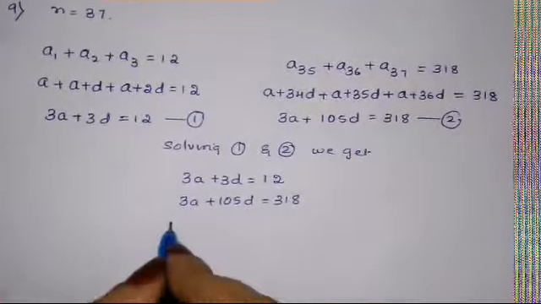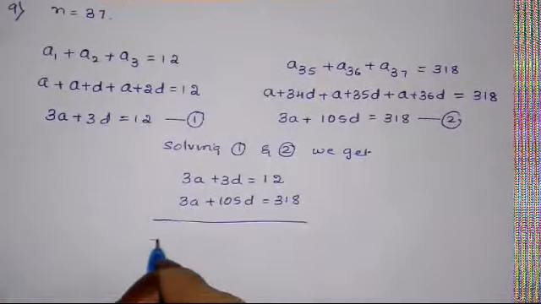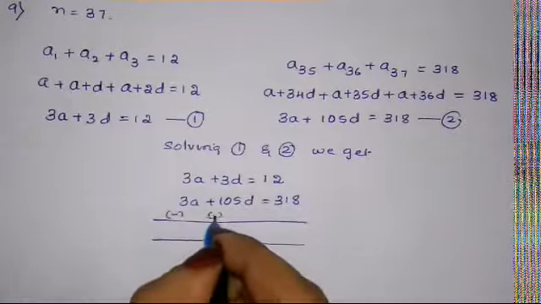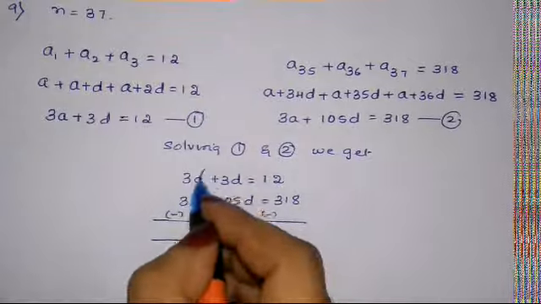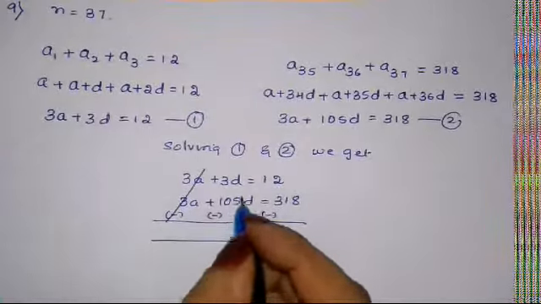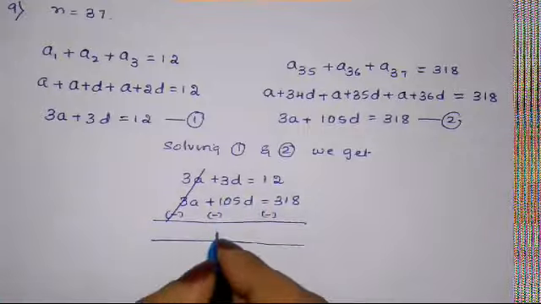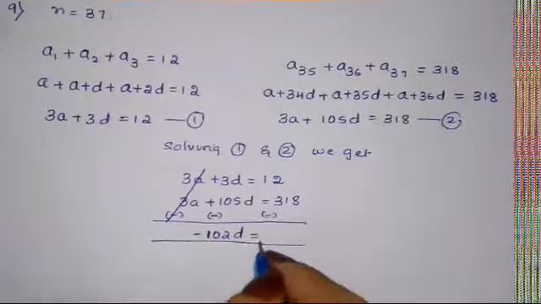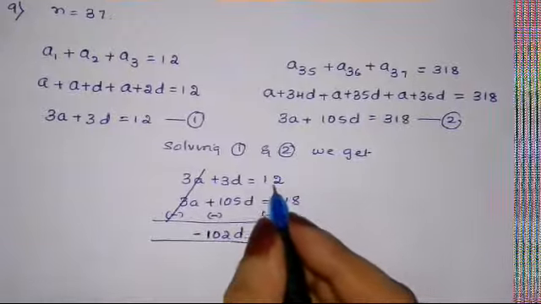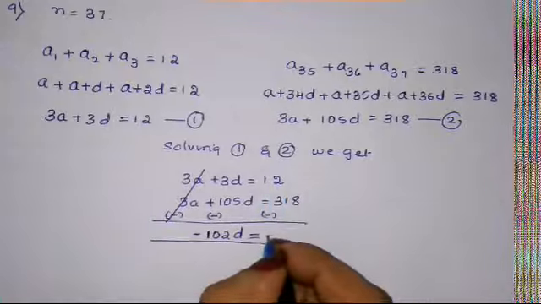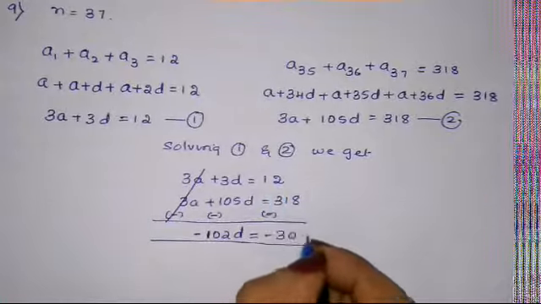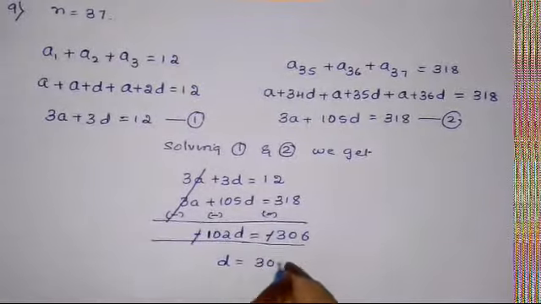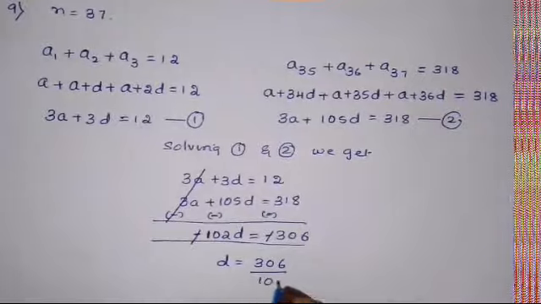Here we can see that 3A and 3A get cancelled, but the signs are the same, so let us change the sign to minus. 105D minus 3D is 102D, equal to 318 minus 12, which is 306. D is equal to 306 upon 102.